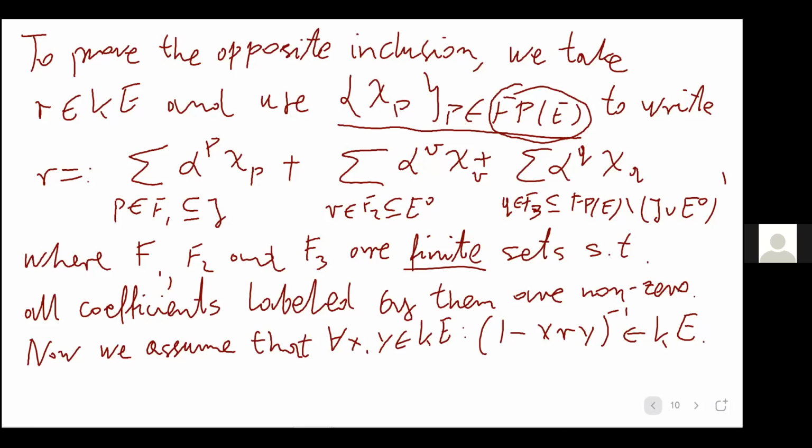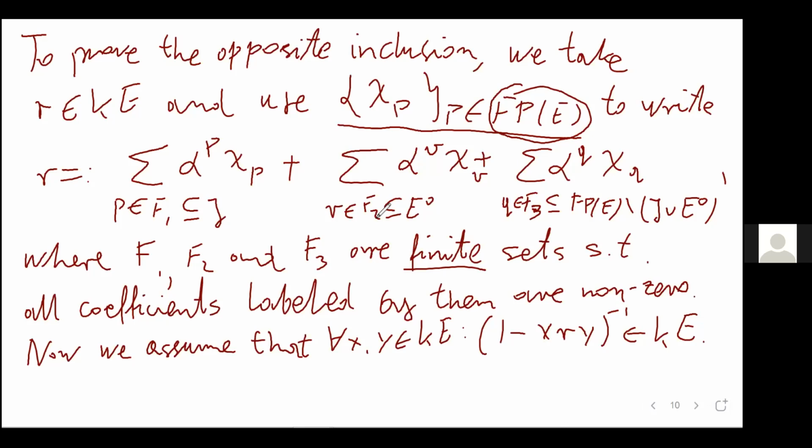Now with vertices it is obvious. Remember that these are orthogonal idempotents. So out of the sum, the only thing that can survive is alpha U chi U. And you know that it survives because remember, by assumption, F2 is non-empty and it contains U, okay? So we have a non-zero coefficient alpha U times chi U in the sum.